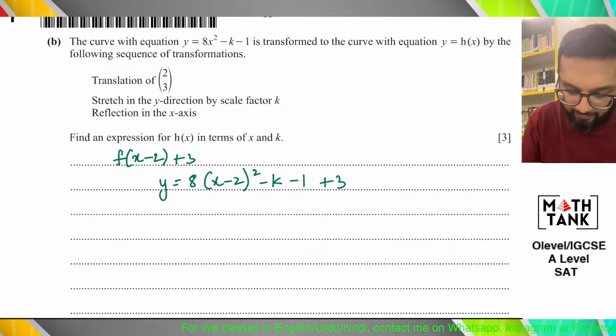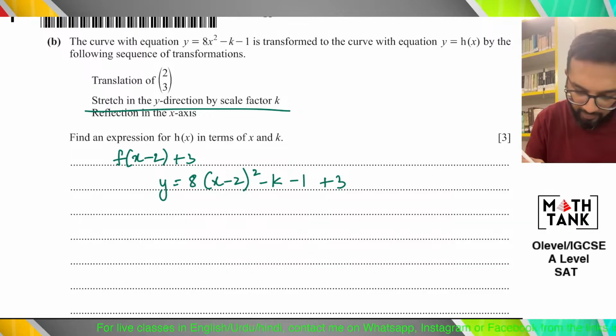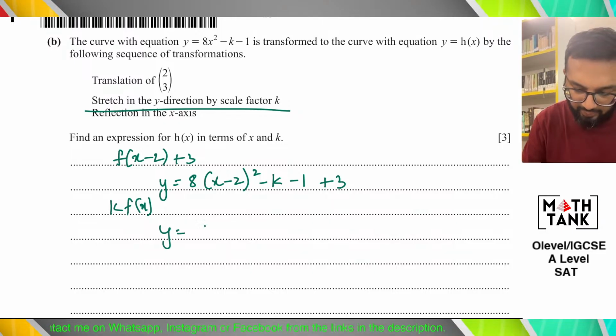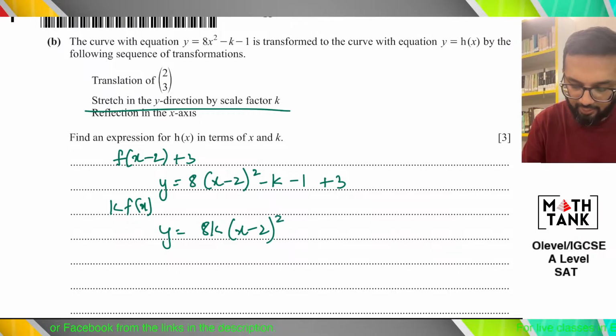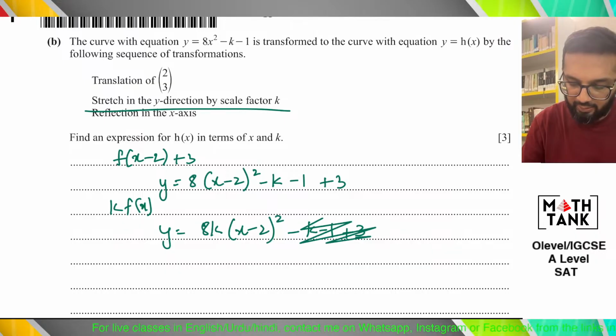Okay, so that's the first one. Stretch in the direction of y by a scale factor of k. So this becomes kf of x. I'm going to multiply everything by k. So this will be 8k (x minus 2) whole squared minus k minus 1 plus, sorry, my bad. So this is going to be minus everything by k. So minus k squared, and this end part is going to become 2k.